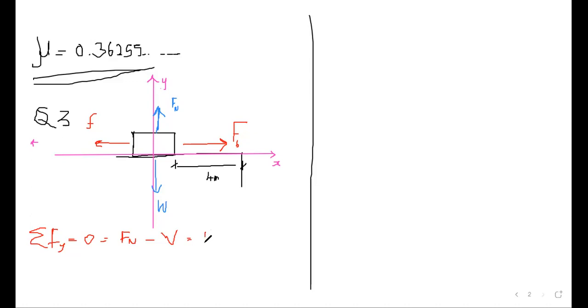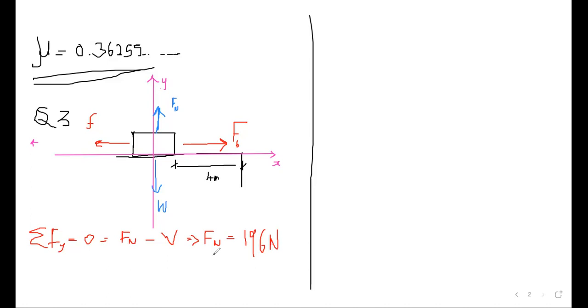Let me say implies that Fn is actually equals to the weight. And the weight is, we have a 20 kg box and our gravity, let's take 9.8, so that together this gives us 196 newtons. I only have 10 minutes. I hope I'll finish in the next 10 minutes. 196 newtons as the normal force.